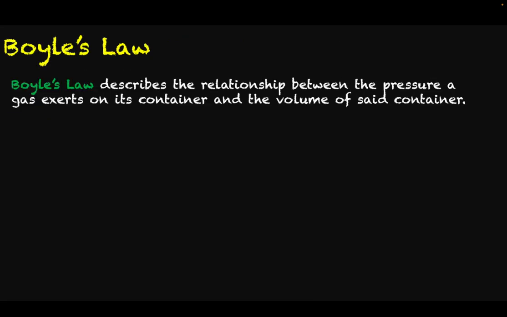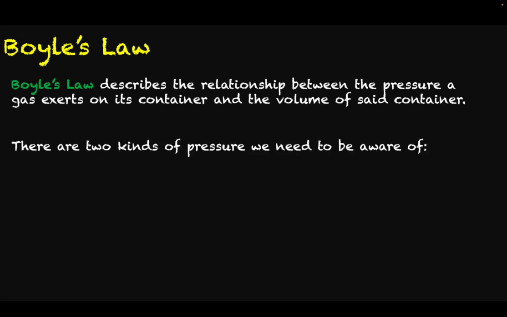So we're going to look at another mathematical relationship here, which will help us understand the purpose of the ventilation process. Boyle's law describes the relationship between the pressure a gas exerts on its container, or you might just think of it as the pressure of the gas, and the volume of the container. There are two kinds of pressure that we need to be aware of for ventilation.